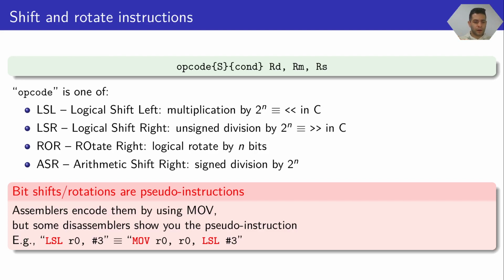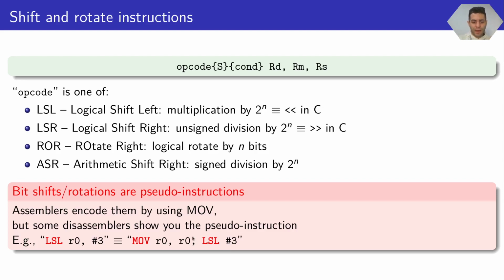For example, if we want to perform a logical shift left on the value inside R0, this will be implemented using the move instruction. But how is it possible? We will see this in more detail in the rest of this part.